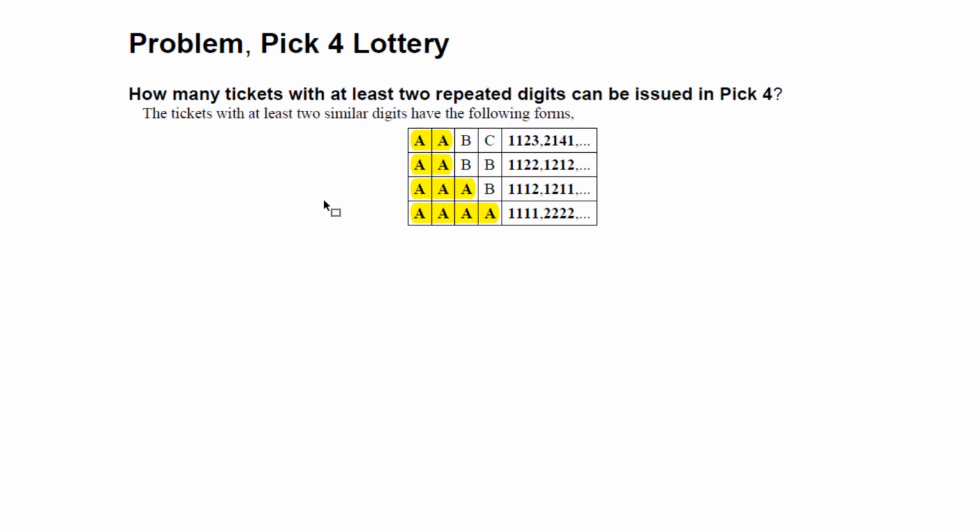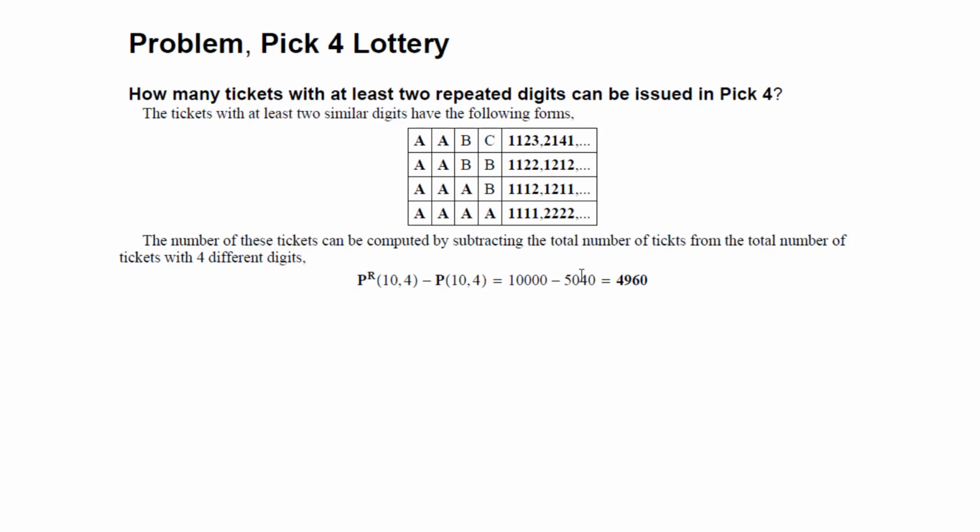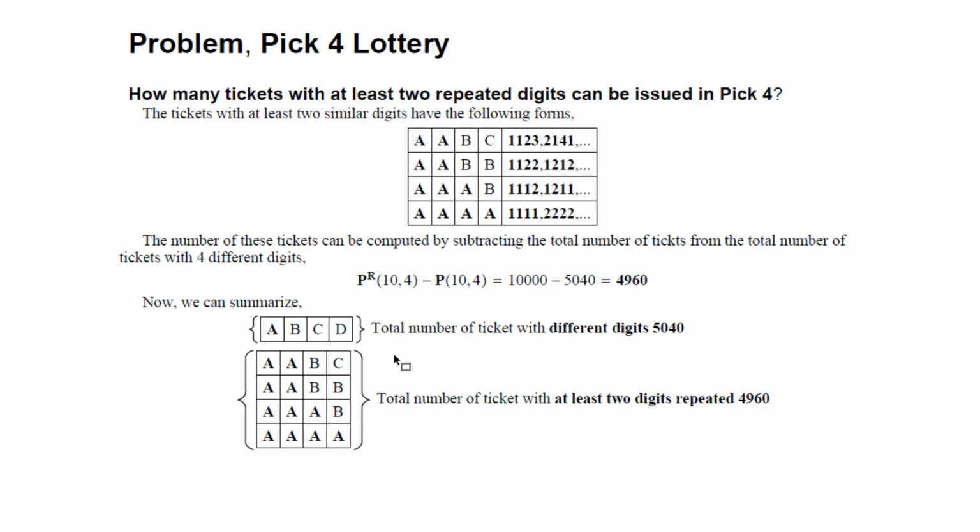So how do we find their number? We subtract the number of tickets with 4 different digits from the total number of possible tickets, and we get 4960.